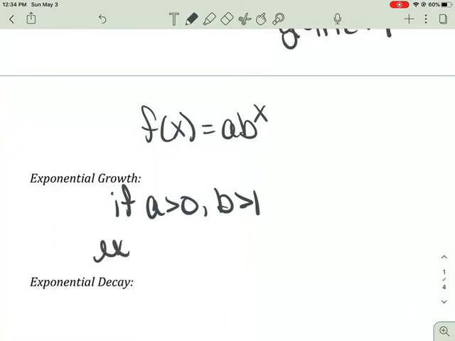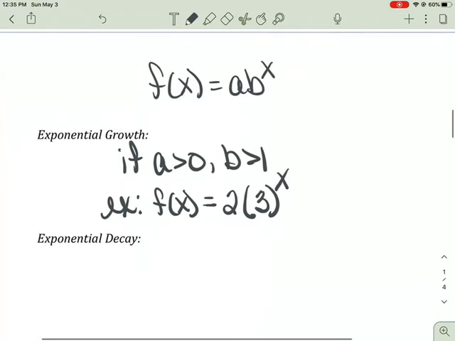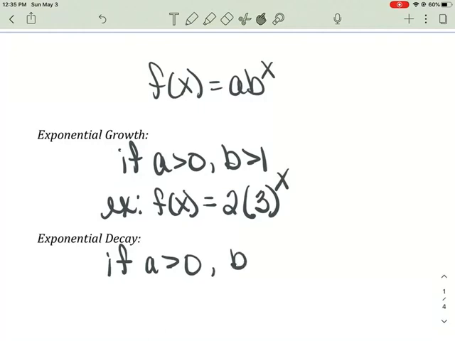For decay, let's give an example here. So an example might be f of x is equal to 2 times 3 to the x, where our base is 3, our a is 2, and our exponent is x. Now for decay, a is still going to be greater than 0. That's part of the definition of exponential functions. It can't be 0, but we're going to use strictly positive values now.